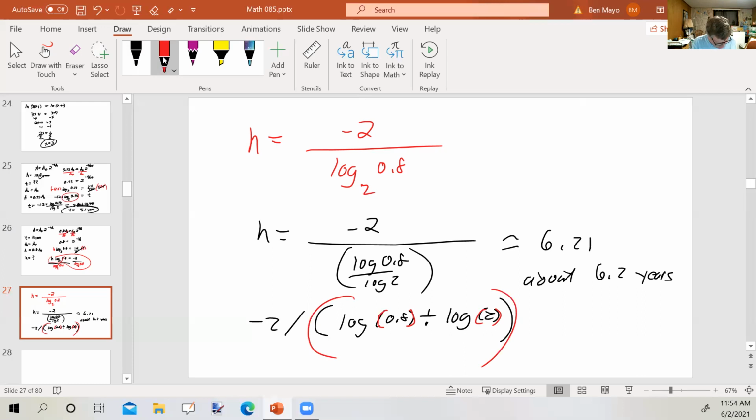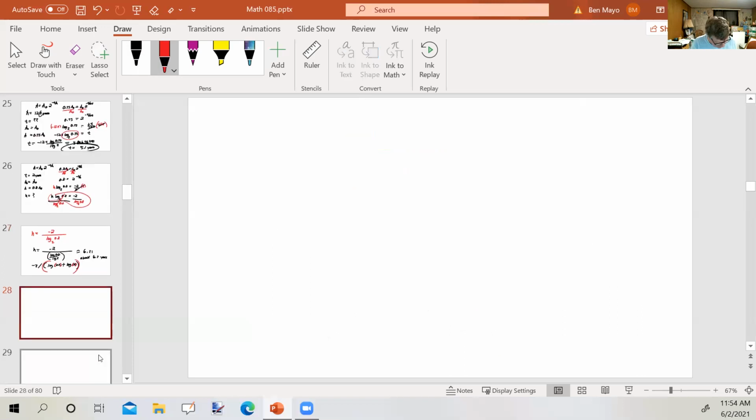Let's see here. Here's another radioactive or half-life problem. It says carbon-14 dating. A bone fragment analyzed by archaeologists contains 60% of the carbon-14 that is assumed to have had initially.